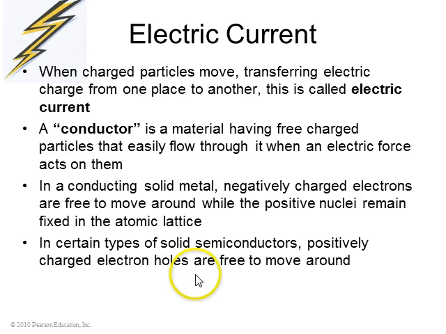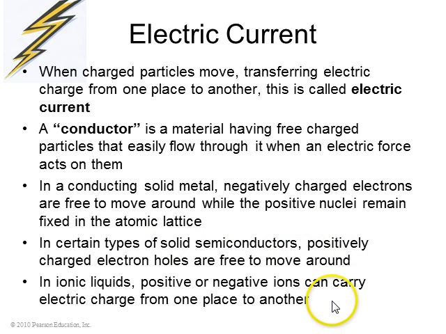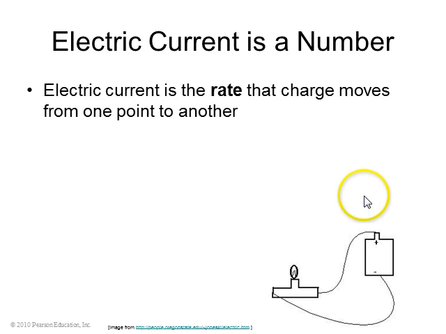Certain types of solid semiconductors have positively charged electron holes which can roam around inside the material. And in liquids, there can be ionic liquids where there's positive or negative ions which can move around inside the liquid carrying current.